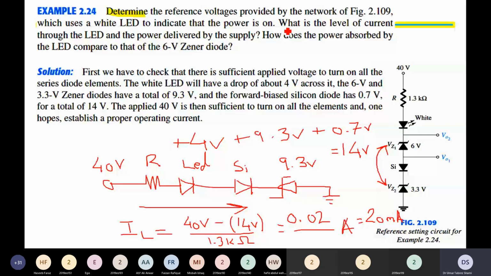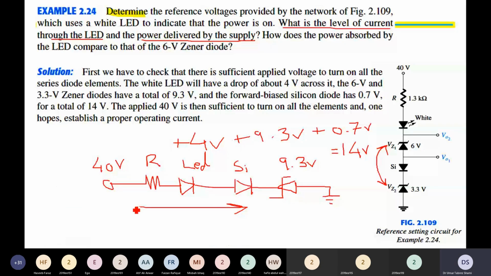Now the second part is: what is the power delivered by the power supply? The power delivered by the power supply is very simple. PS represents the power supply power, which is equal to power supply voltage multiplied by power supply current, that is IL.